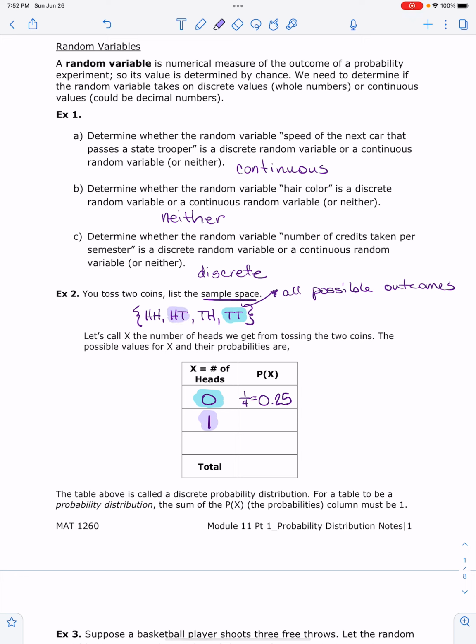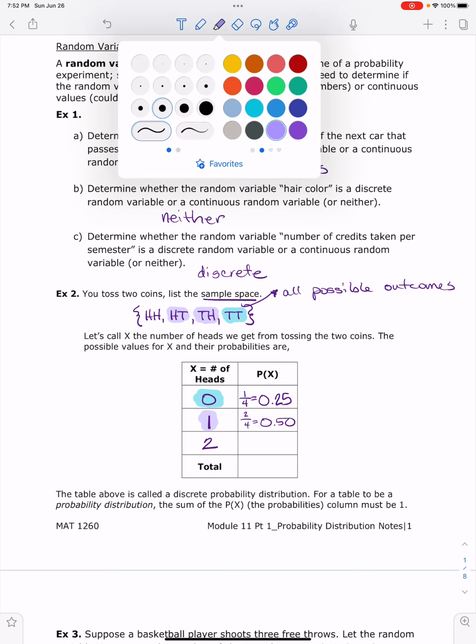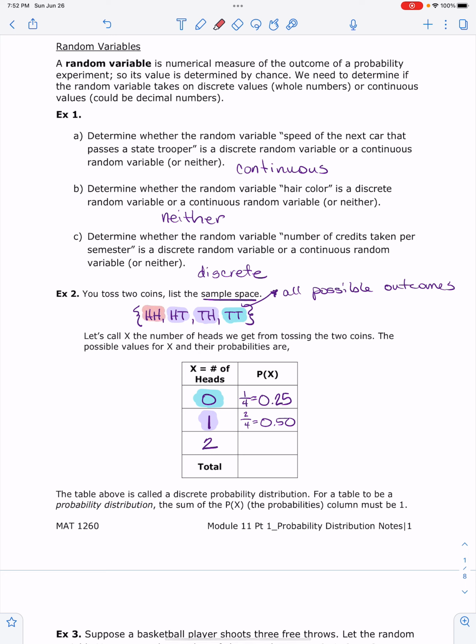This can happen this way, head then tail or tail then head. So we've got 2 over 4, 0.5. Our last option here is 2 heads. There's one way for us to do that. If we add these all together, we get 1.